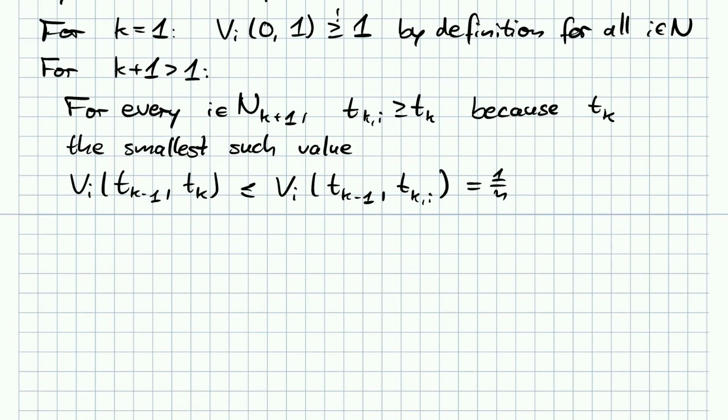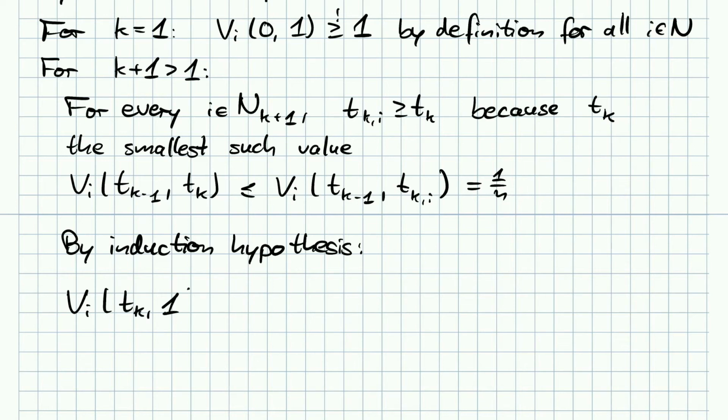And now, by induction hypothesis, agent i's value for the remainder from tk to 1, this will be, because we're still additive, the value for what we have from tk minus 1 to 1 minus the value that we would have from tk minus 1 to tk.